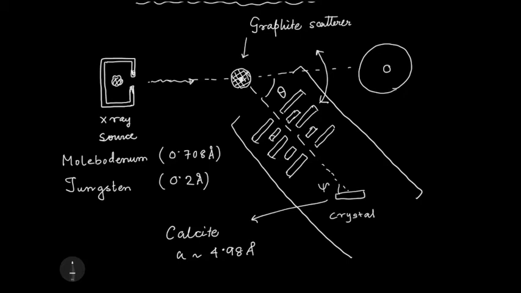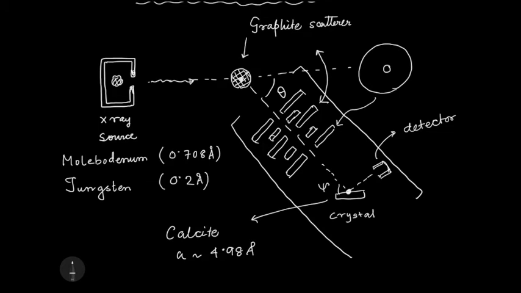This angle, remember, is psi, because that is the grazing angle that we talked about. And you will have a detector somewhere here, and again psi can be changed, as we said before. So this is the detector. This is your Compton setup.